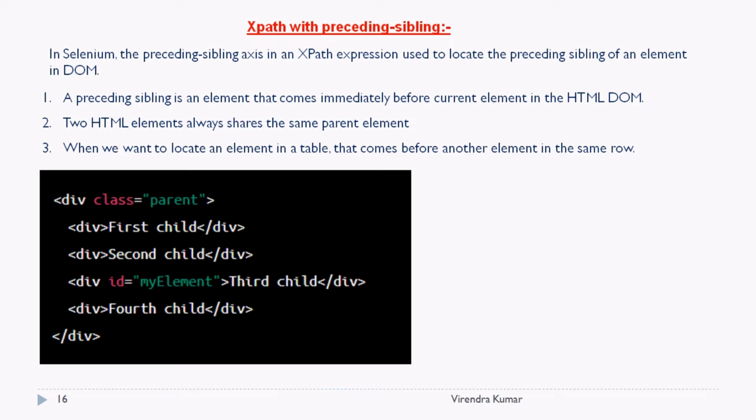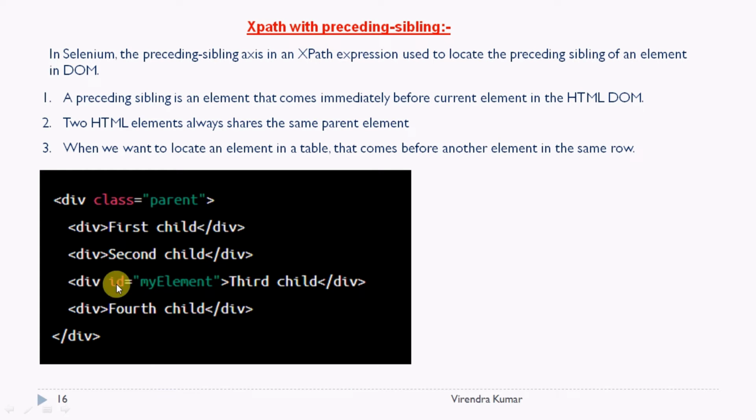Now which ones should we call the preceding siblings? Suppose the second child is my current element. For this current element, the first child is the preceding sibling. Similarly, if I take the fourth child as the current element, then the three siblings before it are the preceding siblings.